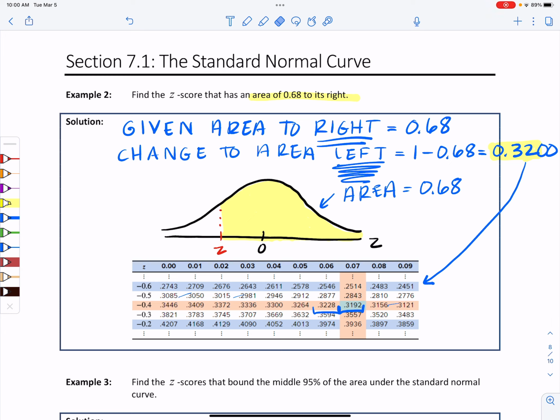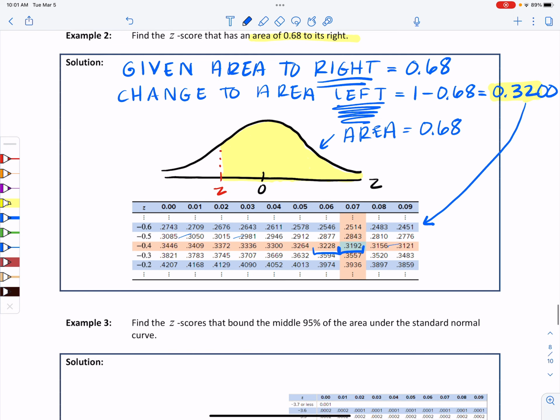What you're looking for is in between these two. That means the exact value is not present in your table. So you take the one that gets the closest to what you're looking for, which is 0.3200. That's going to be this 0.3192.